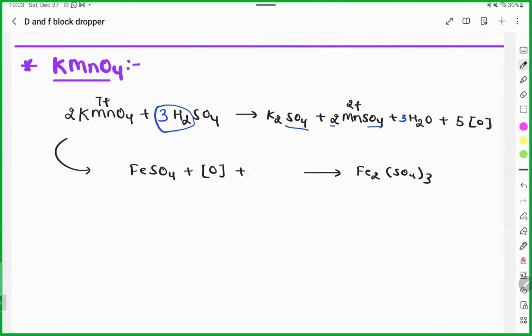In presence of H2SO4, because you need sulfate. And what will happen to the oxygen? It will convert into water molecule. Is this balanced? Hydrogen balanced. You need 2 Fe, sulfate are 3, 3, everything is balanced. But this time you will multiply with 5. Why? Because you need 5 nascent oxygen to cancel out each other. Tell me guys, any doubt?